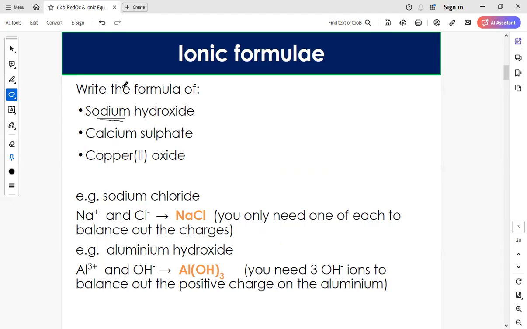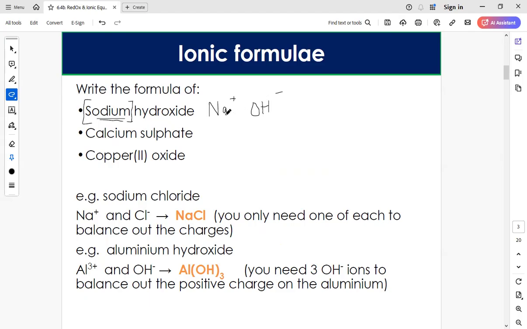Okay, what is the charge on each of the ions which make up the compound. So what is the formula for sodium hydroxide? So sodium, okay, sodium is Na plus, because it belongs to group 1, and hydroxide ions, okay, they have one negative charge. So that's the ionic formula for sodium hydroxide.